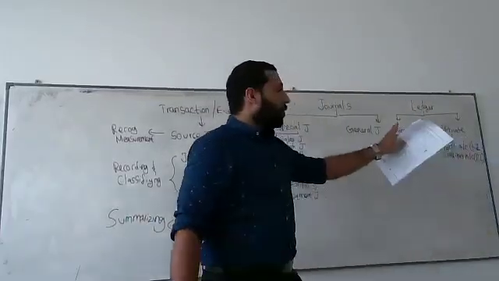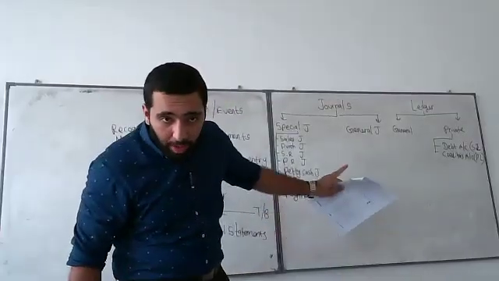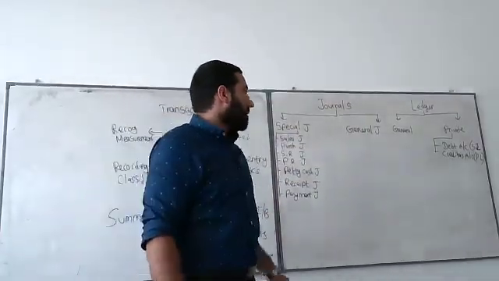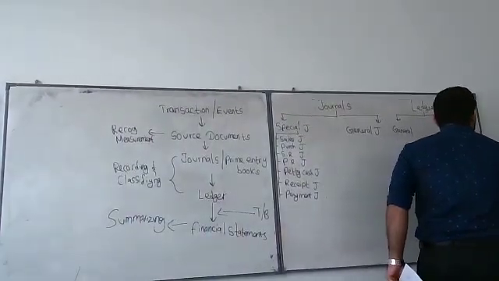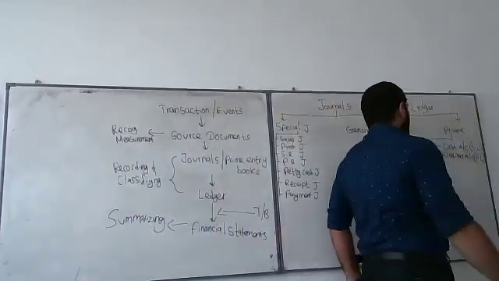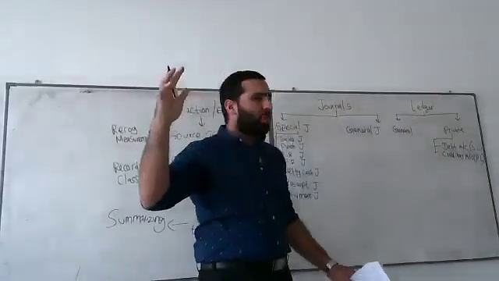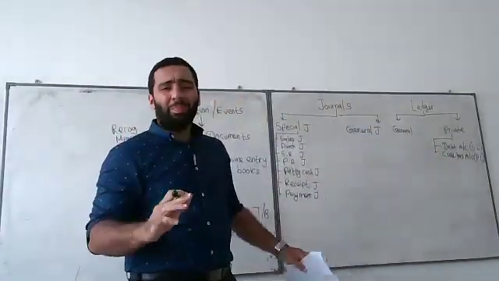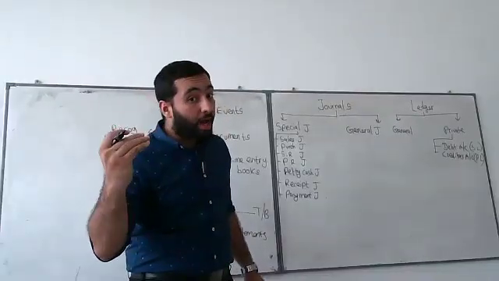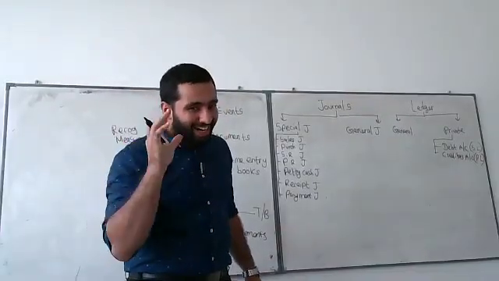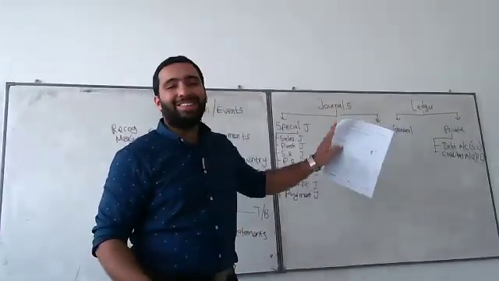So make sure you write this. I hope the online students can see this. You don't need to stress too much on this. So in the private ledger, there can be a debtors account and a creditors account. What is the debtors account? Yes, the debtors account is the sales ledger.